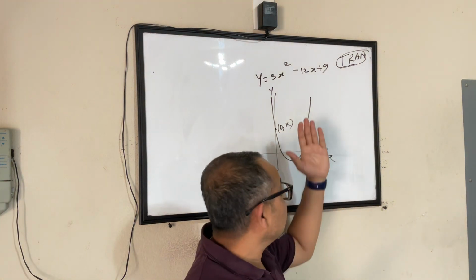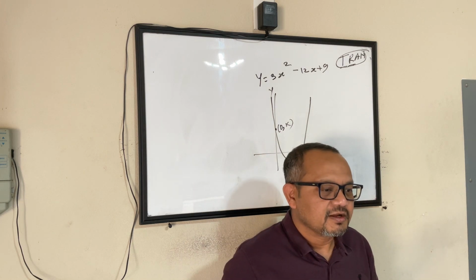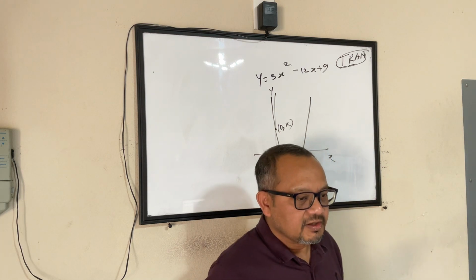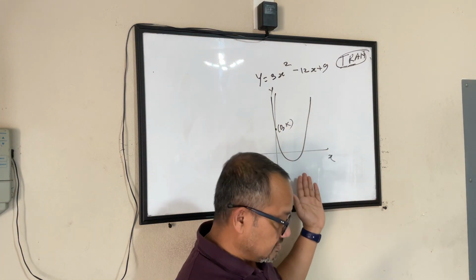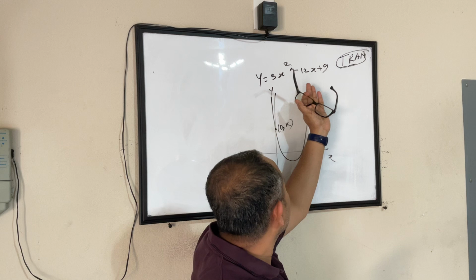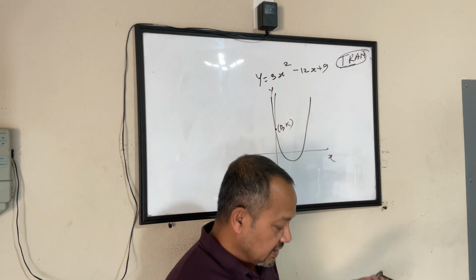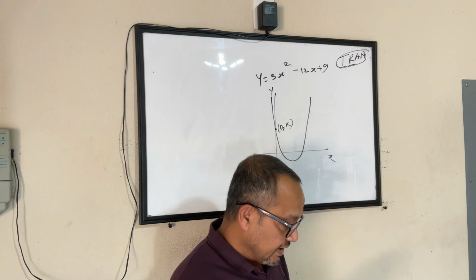So what I'm saying is this is a question that we're trying to solve. And this is one of the standard questions that you will come across, which says the graph of the equation y equals 3x squared minus 12x plus 9 is shown below, and it is touching the y-axis at the point (0, k). Find the value of k.